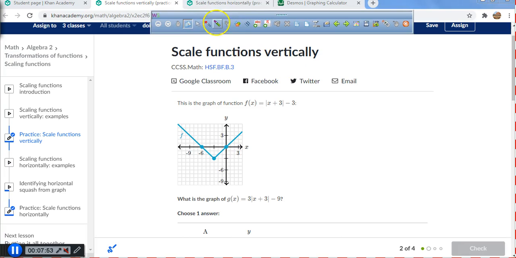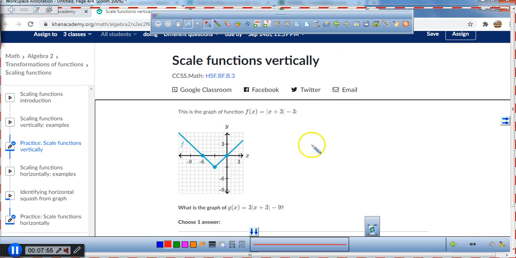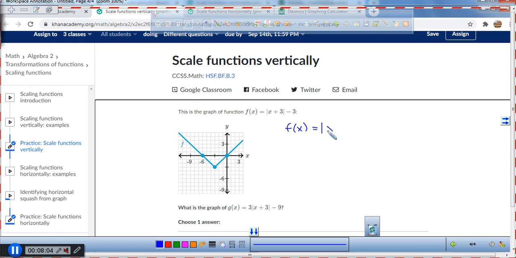So here we have an absolute value function, and it says f of x equals the absolute value of x plus 3, minus 3. And it says, what is the graph of g of x?